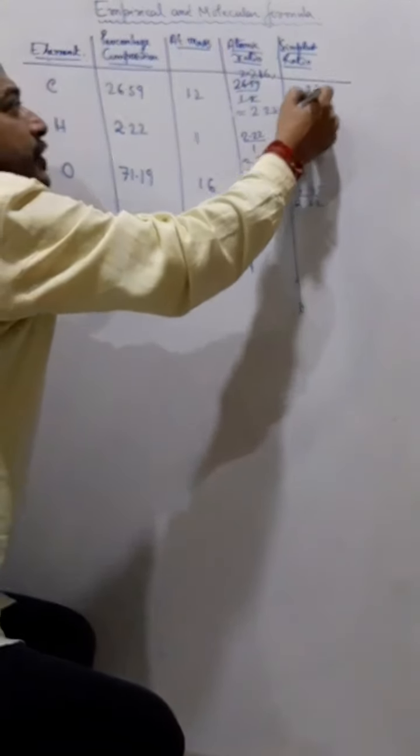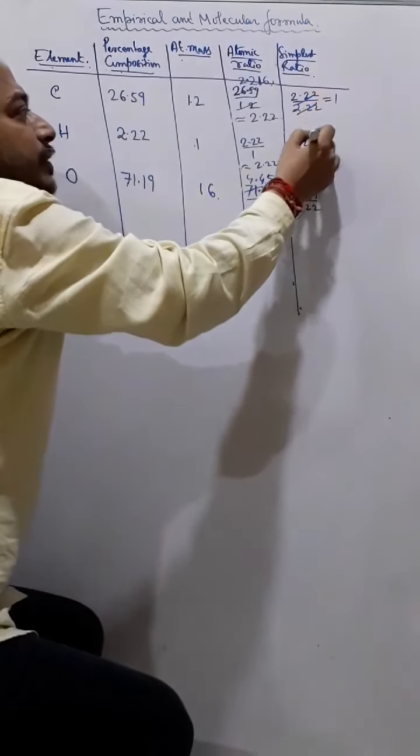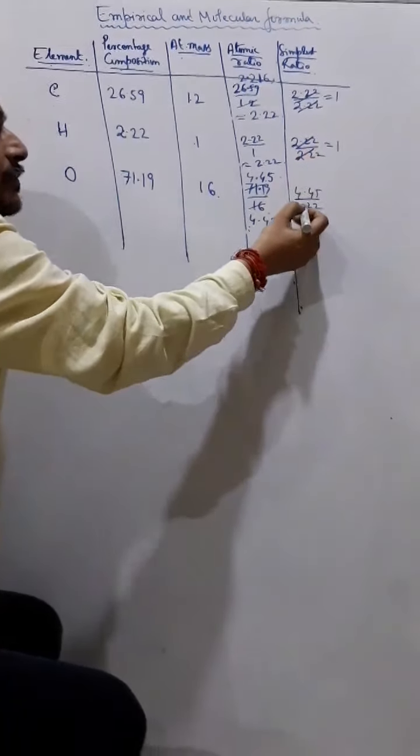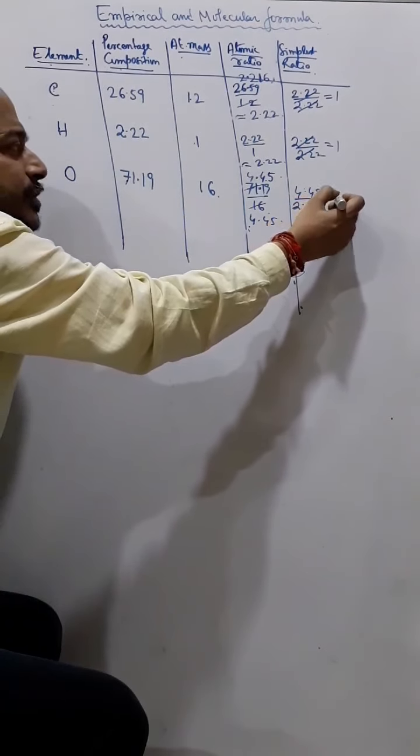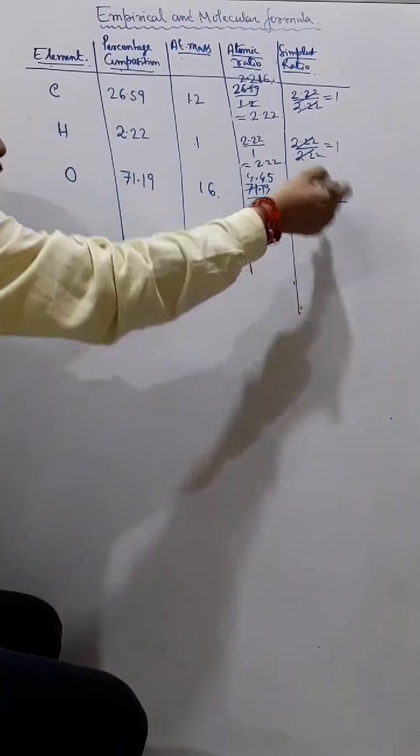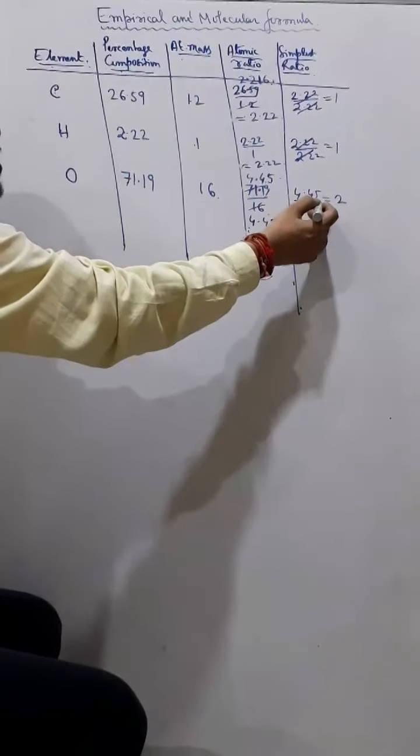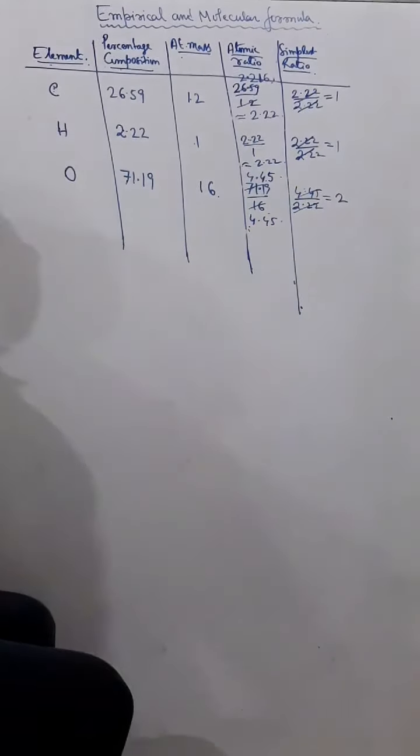So you can understand, if you cancel you get 1, if you cancel you get 1, and the last one will be more or less 2, because 2.22 into 2 becomes 4.44. So you can understand all approximation values.